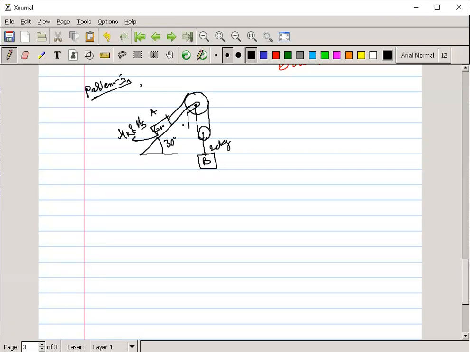The system is released from rest with the cable, you can see here, with the cable knot. The mu s given here is 0.25, and the coefficient of kinetic friction given is 0.2.